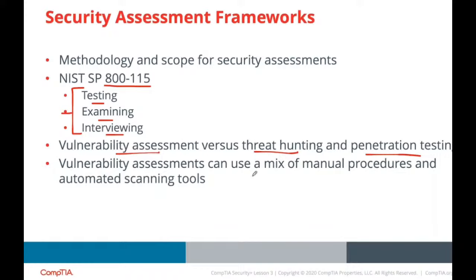Now, vulnerability assessment can use a mix of manual procedures and automated scanning tools. Two ways are there: manual inspection of the security controls against a baseline, and the automated one. Basically, there are predefined baselines for vulnerability assessment.